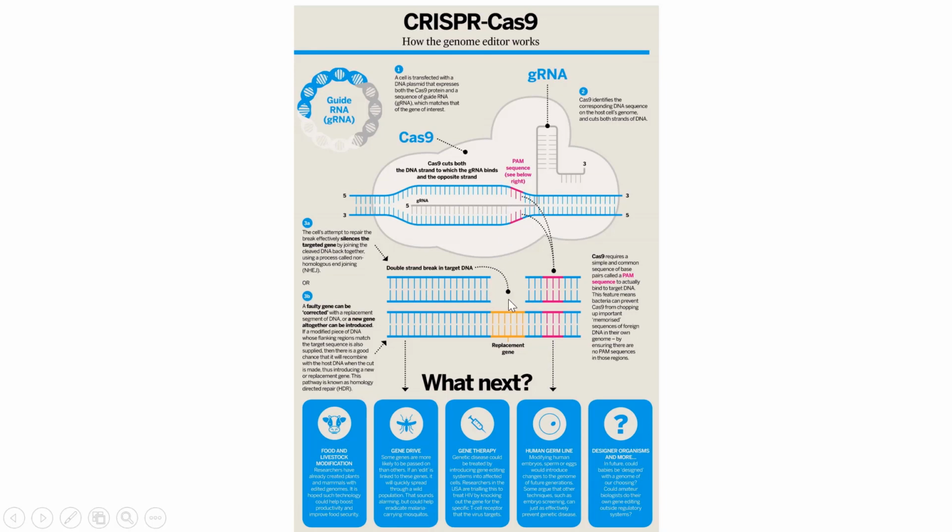And again, this is relatively difficult for the cell to repair. And so you can design a piece of DNA, which ideally is the normal allele for that protein. And there's a pretty good chance that you're going to form recombinant DNA here. You're going to insert that replacement gene in. And so it's incorporated in the genome.